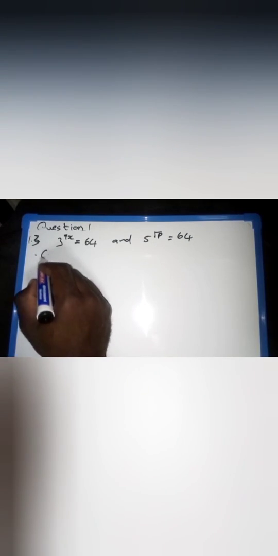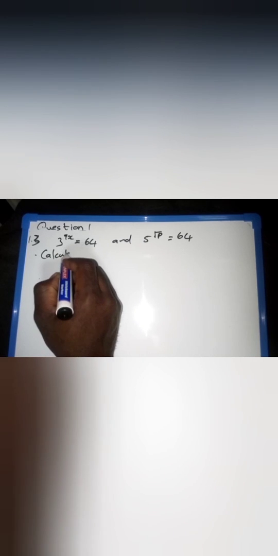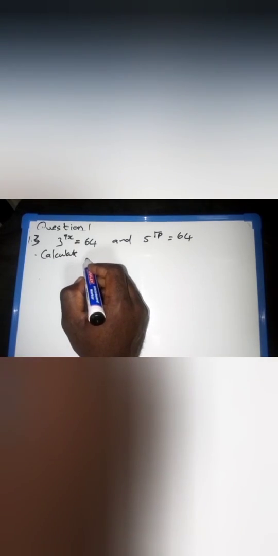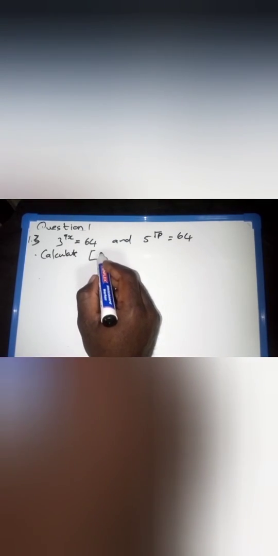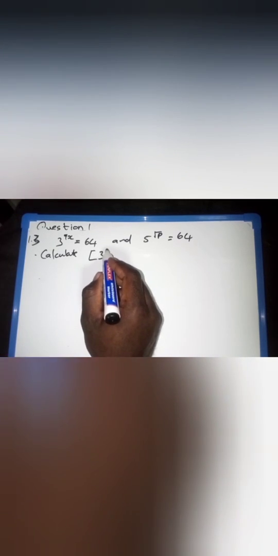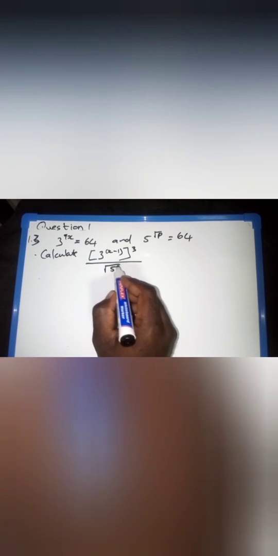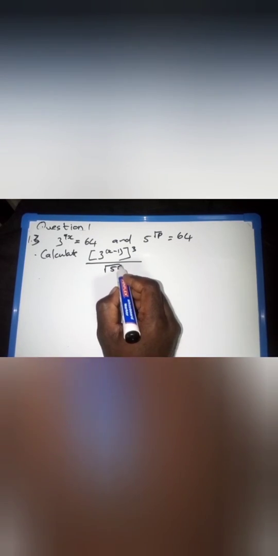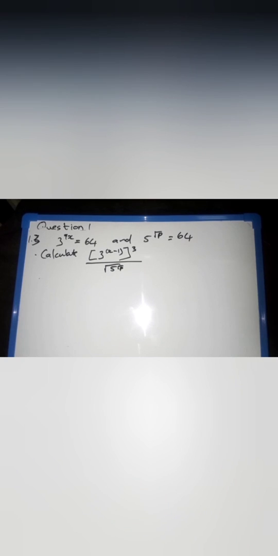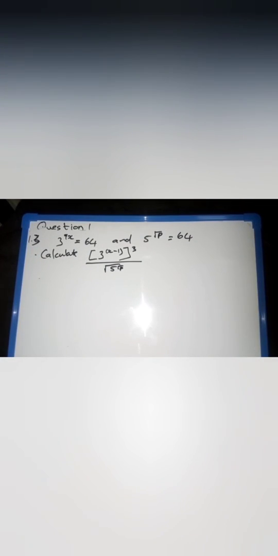The question says calculate, without a calculator, the value of 3^(x minus 1) to the power of 3, divided by square root 5 square root p. It's not very clear in the question paper, but it's 5 square root p like that.